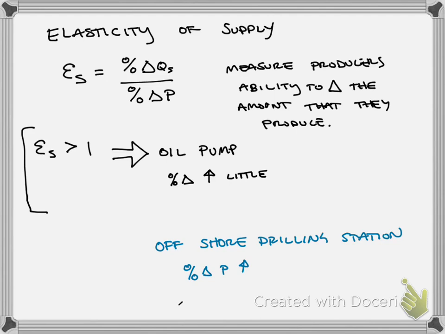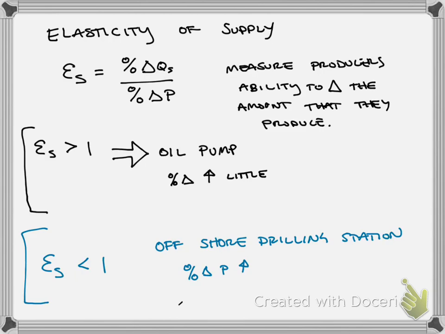Well, that's a lot harder to do because you got to get the permits, you got to build the stations and all of that. So in that case, the elasticity of supply is less than 1, is that an increase in price would lead to a small increase in the quantity supplied. And so that's what we're talking about with the elasticity of supply.